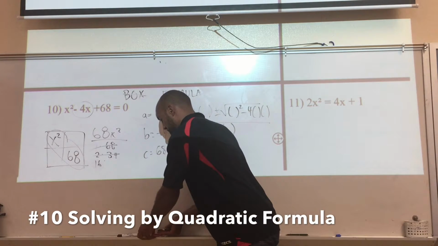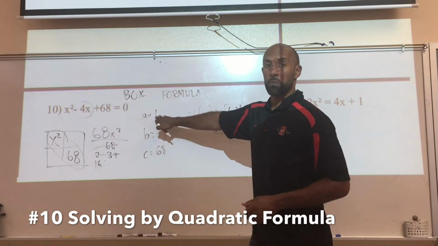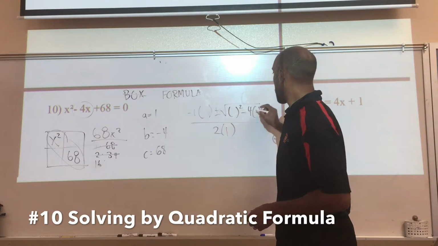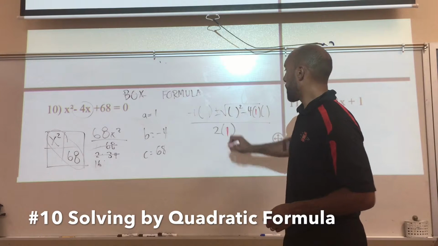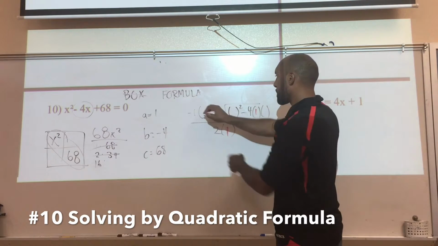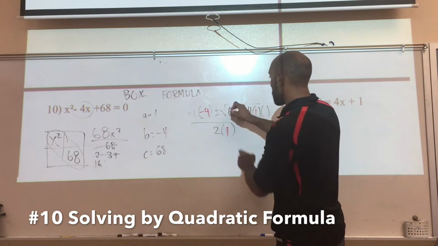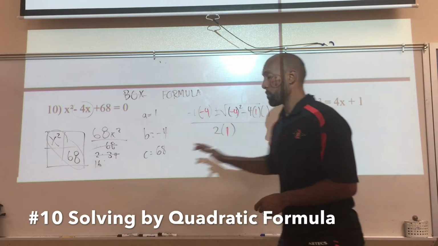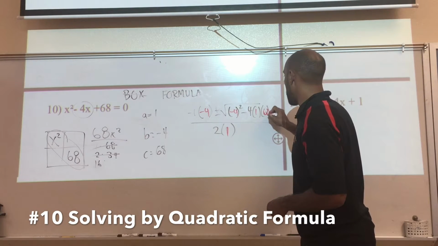First, let's plug in our a where it's supposed to go. A goes here, so 1, and it also goes there. Then we'll plug in our b, which goes here and here, and we have our c, which goes here, 68.